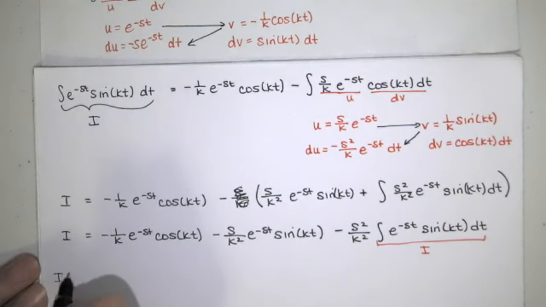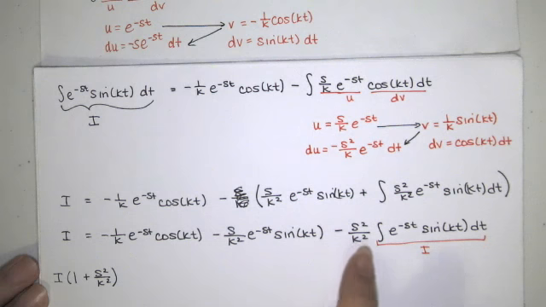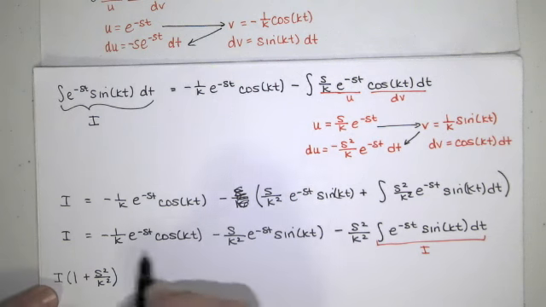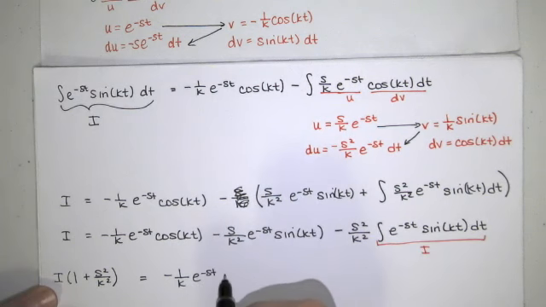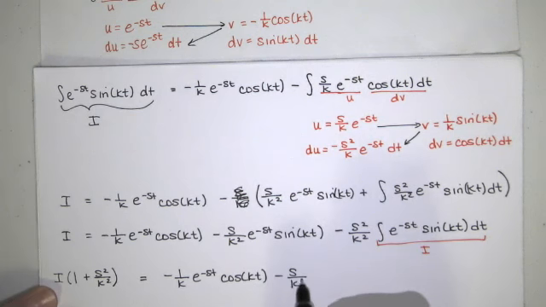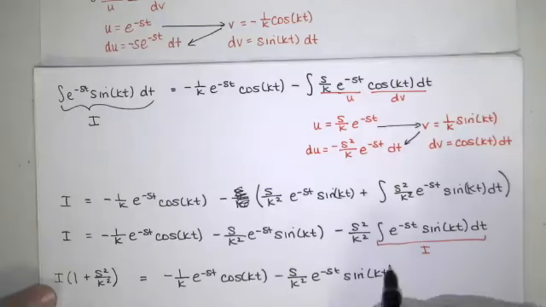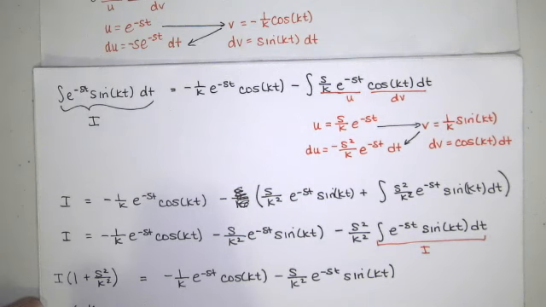So I'll have I times the quantity 1 plus s squared over k squared, if I add this to the other side and factor out the I. And then over here, I'll have negative 1 over k times the exponential times cosine minus s over k squared times the exponential times sine. And if I want a common denominator, I'll write this 1 as k squared over k squared, so I end up with k squared plus s squared over k squared.